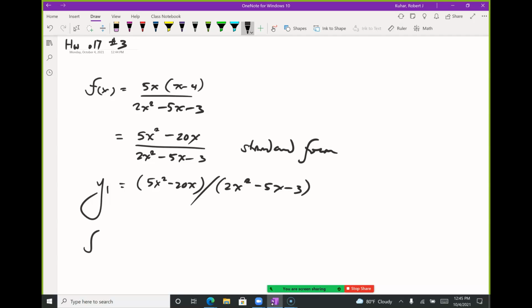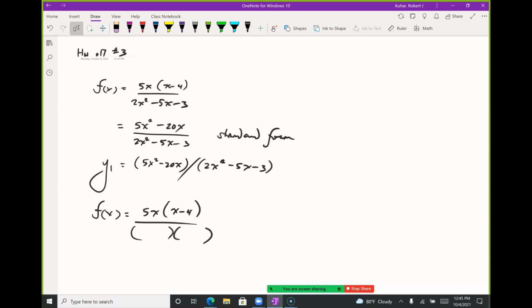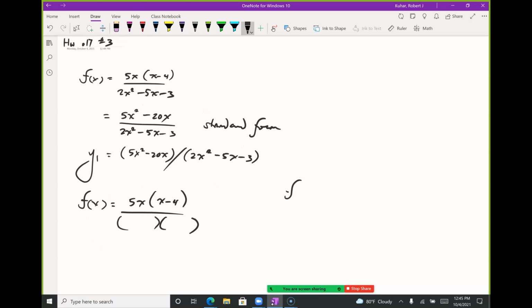So upstairs is already factored. Downstairs I can factor using a split the middle term, right? So I want to factor on the side here 2x squared minus 5x minus 3. And of course I know 2 times negative 3 is negative 6.